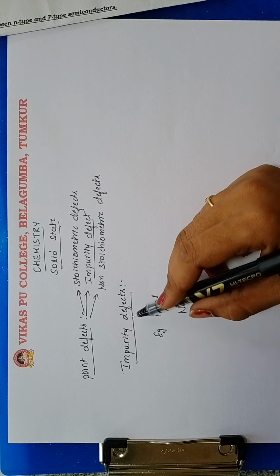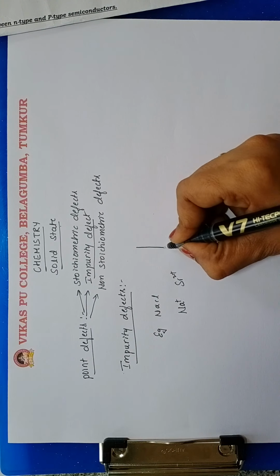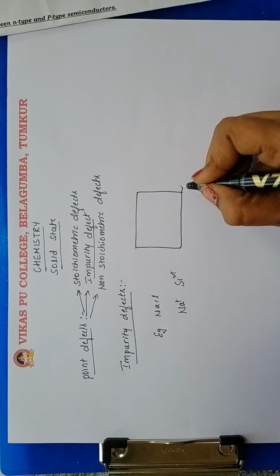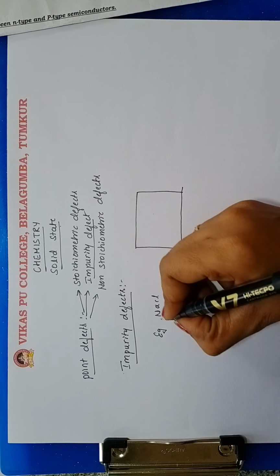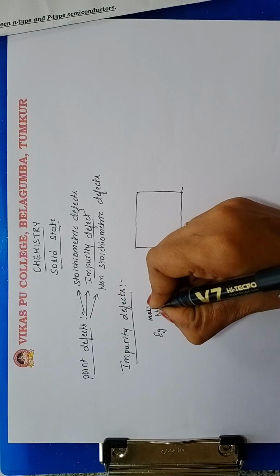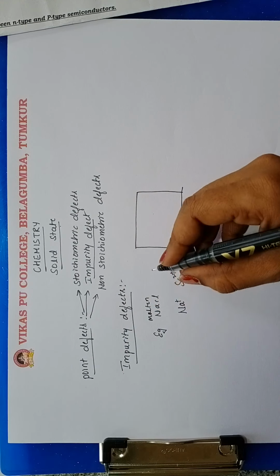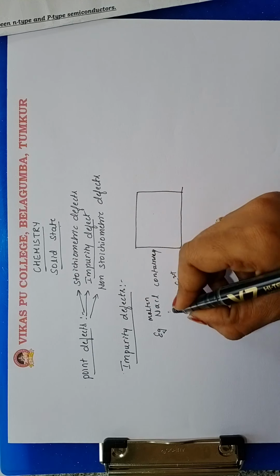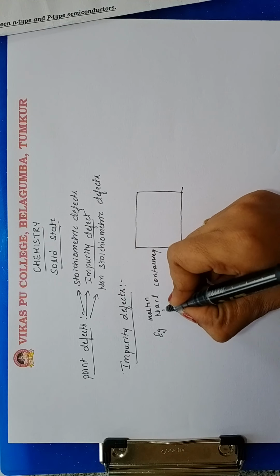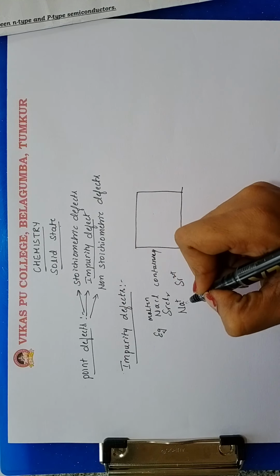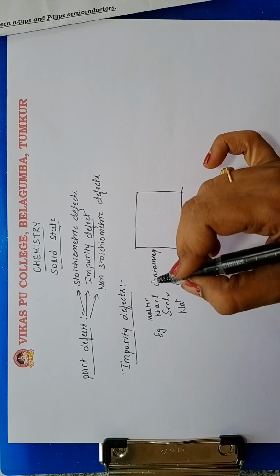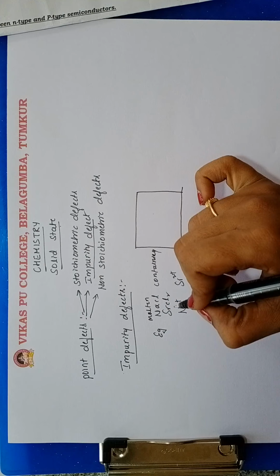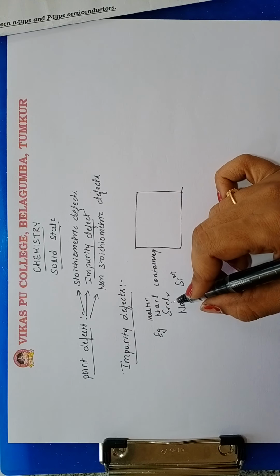Take an example: molten sodium chloride containing strontium chloride, SrCl2, which is allowed to cool.